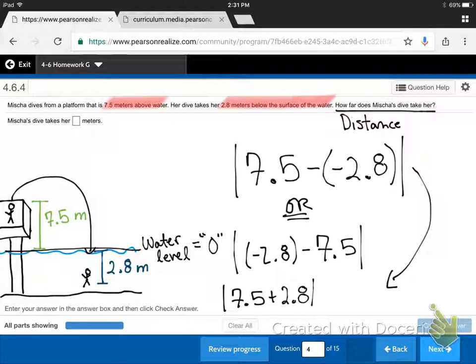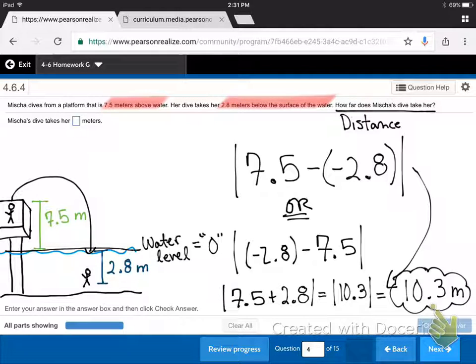I like the top one because then I can subtract a negative and turn it into adding a positive. 7.5 plus 2.8, and we're going to take the absolute value of that. So the absolute value of 10.3, because 7.5 plus 2.8 is 10.3. Absolute value of 10.3 is just 10.3 meters. So she started 7.5 meters above the water, jumped in, went 2.8 below. How far total did she go? She went 10.3 meters.